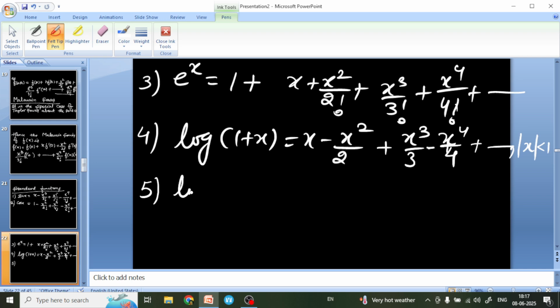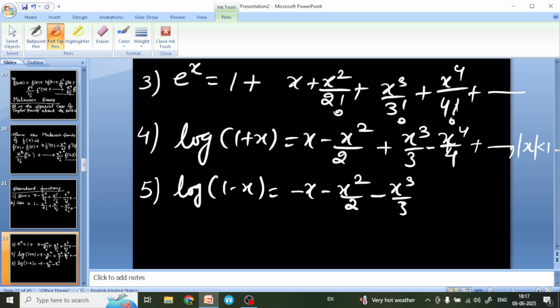And log 1 minus x is equal to minus x square over 2 minus x raised to power 3 over 3 minus x raised to power 4 over 4 minus and so on.